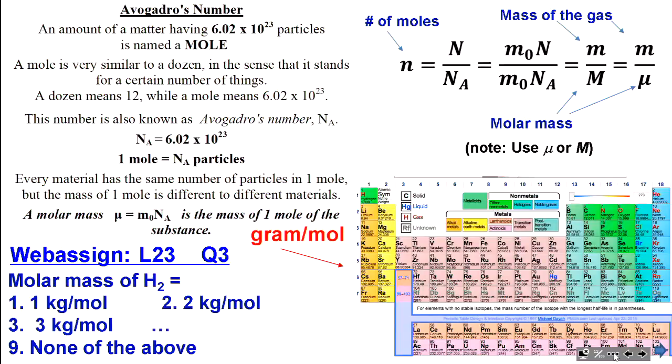And the question to you, if you look at the periodic table, what answer should you choose for the mass of 1 mole of hydrogen? You shouldn't be looking at this, probably.